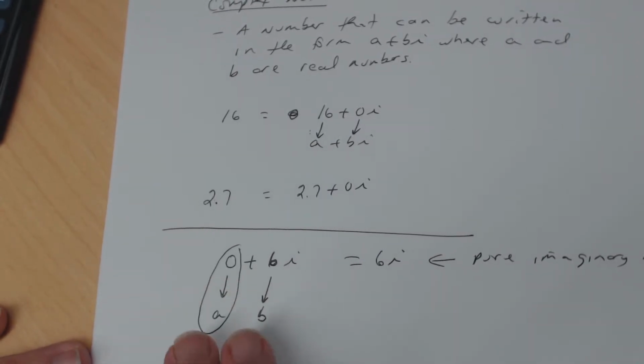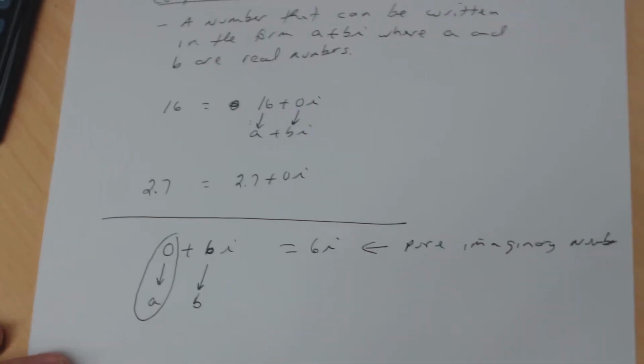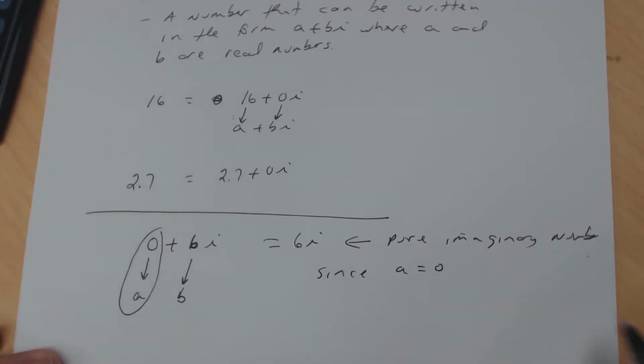It's still a complex number because I can write it in this form, but it's a pure imaginary number since a equals 0.